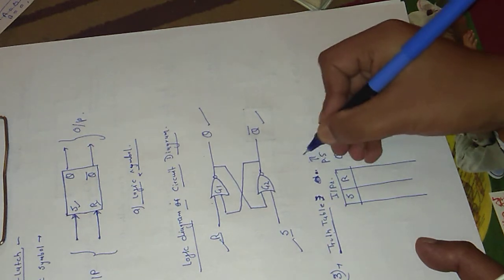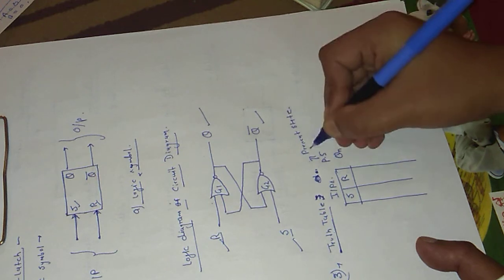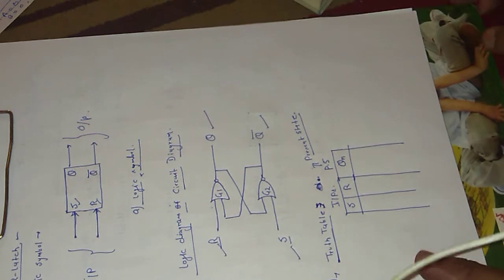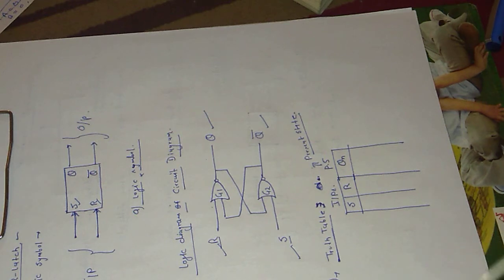PS means present state. Present state is the current value of the output. Right now, at the present time, what is the output of the circuit? That is the current value of the output.